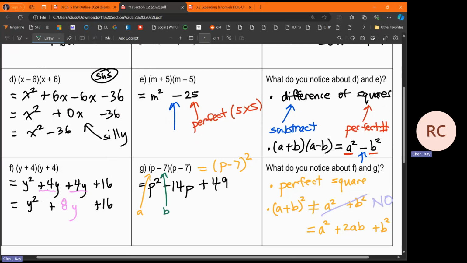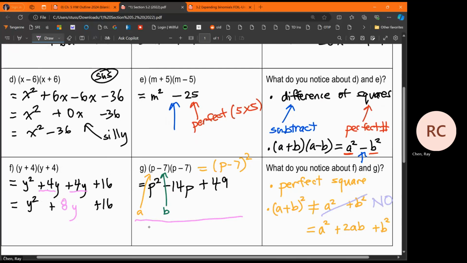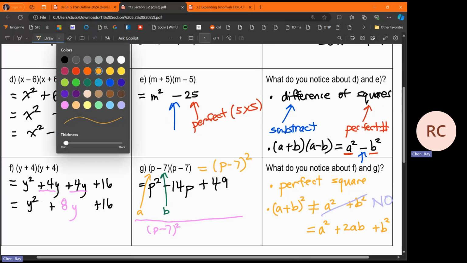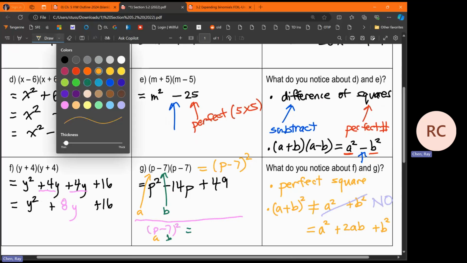So watch what I'm going to do. If I understand this question, writing it in this color, I'll try to do it again. P minus 7 all squared, and that is our a term, and that is our b term. Pause the video if you need some help. But let's square that a term.